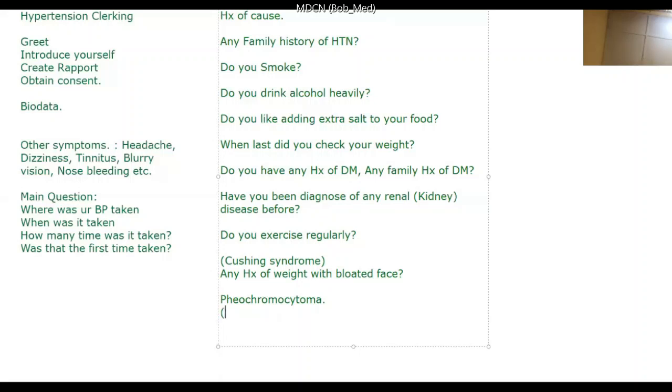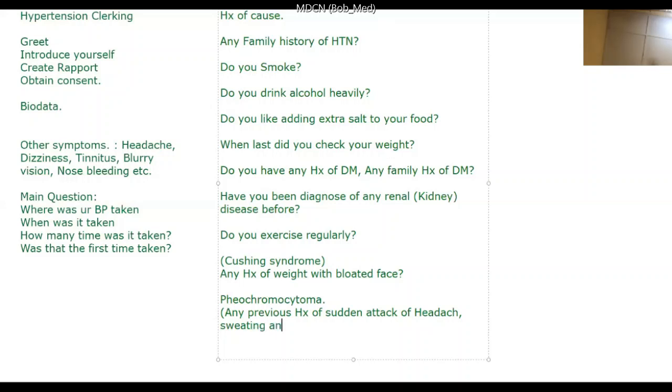We want to ask about any previous history of, let's say, sudden attack of headache with sweating. The patient sweats a lot.